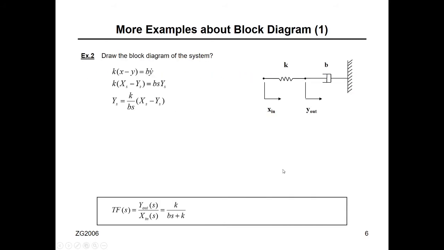For now, I will give you an example. This is a problem that we solved earlier in the last video. This is the transfer function of the system. Draw the block diagram of the system.